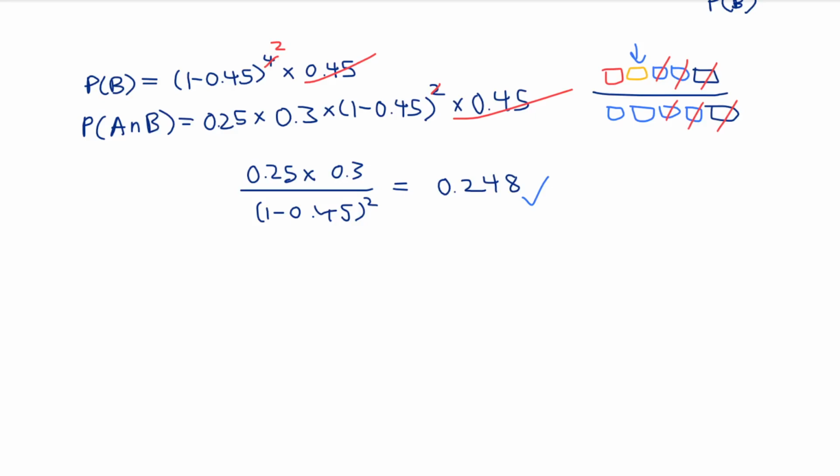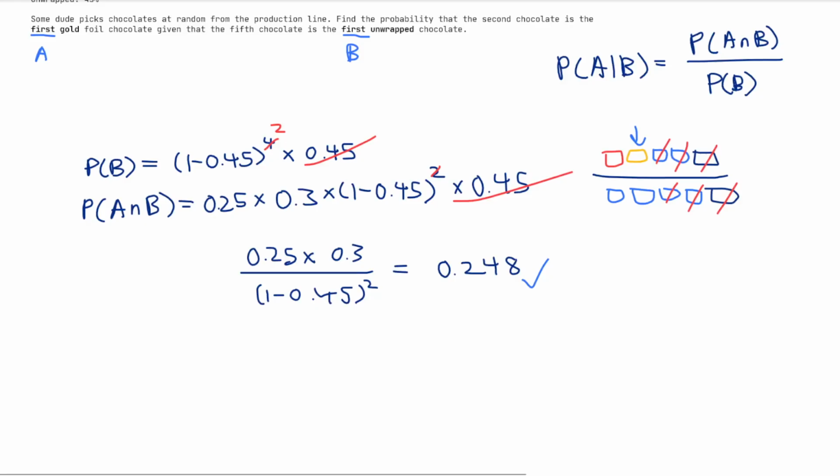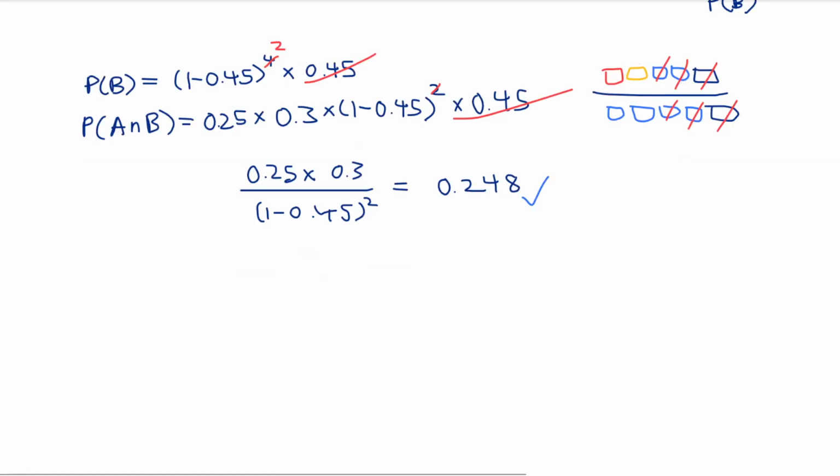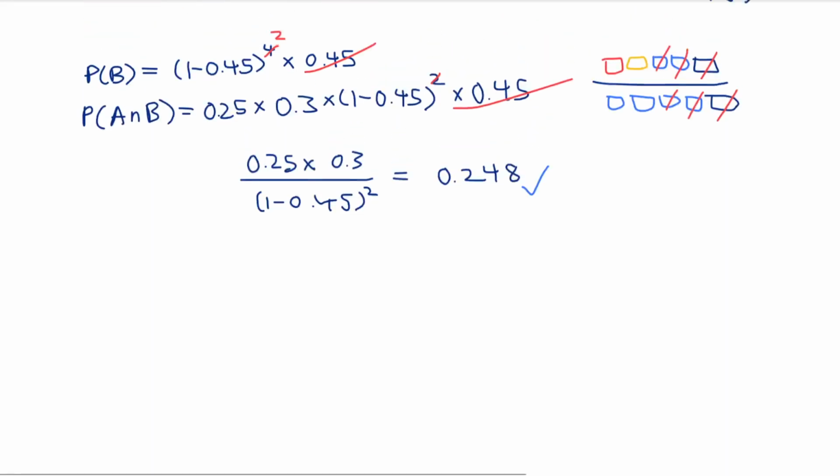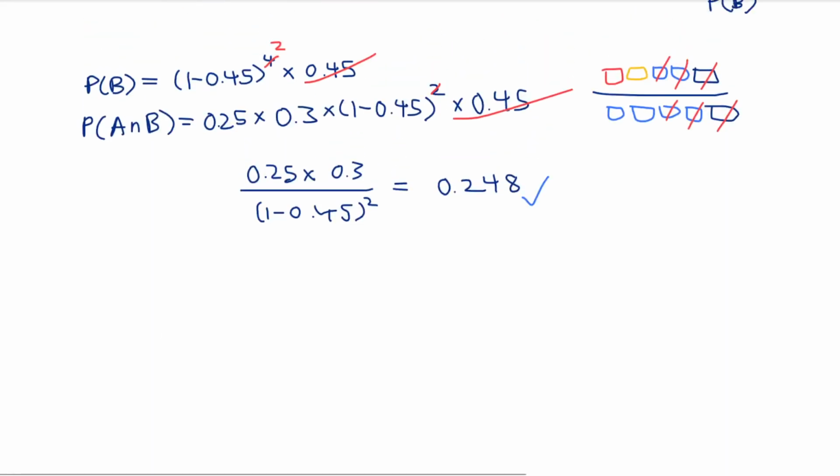So with that in mind, we can just say the probability of getting a red and then getting a gold, divided by the probability of getting 2 wrapped chocolates, is equivalent to what we did before, or what the question is asking.